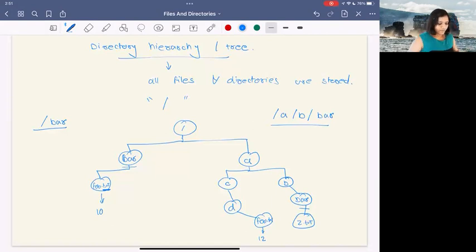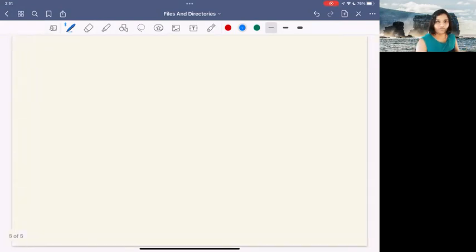So managing all these operations is definitely a challenging task. And mainly, the different interface that we require for managing these operations efficiently can be called the file system interface. It consists of three main operations.